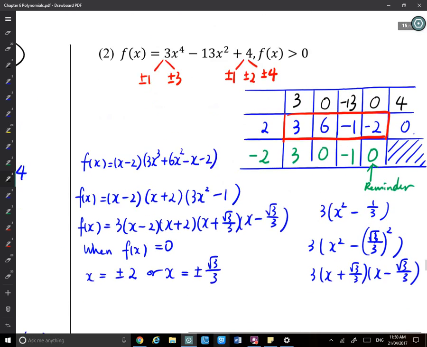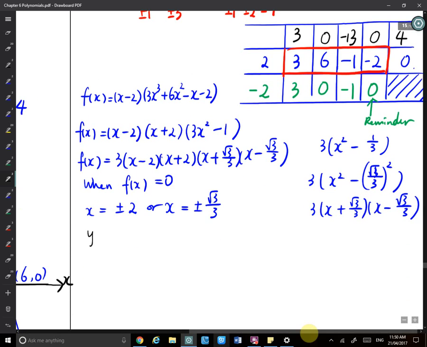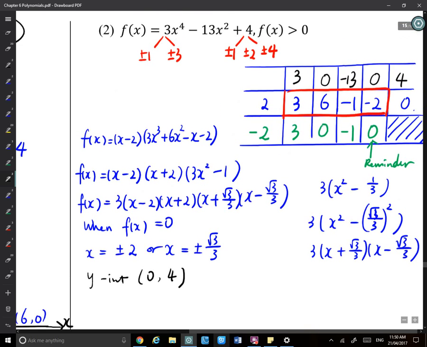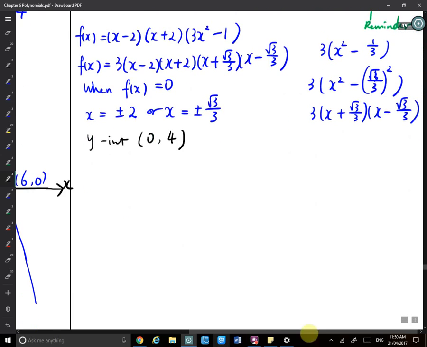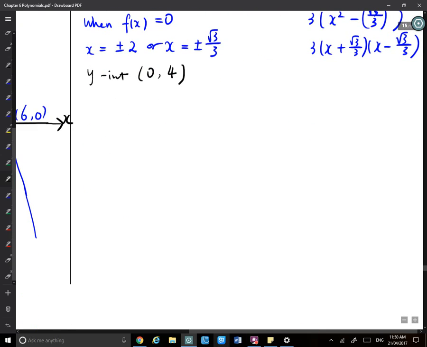Then what's the y-intercept? The y-intercept will be (0, 4). And we can sketch this graph.